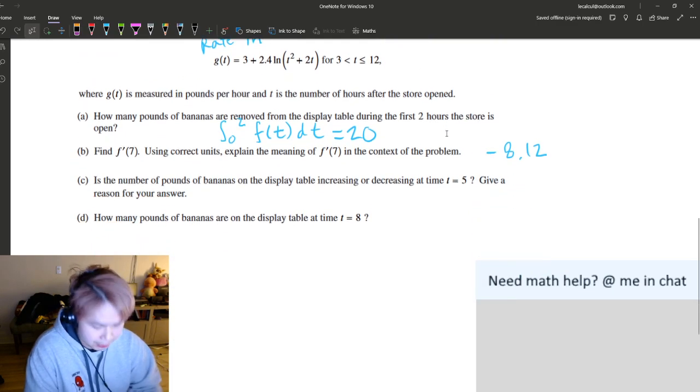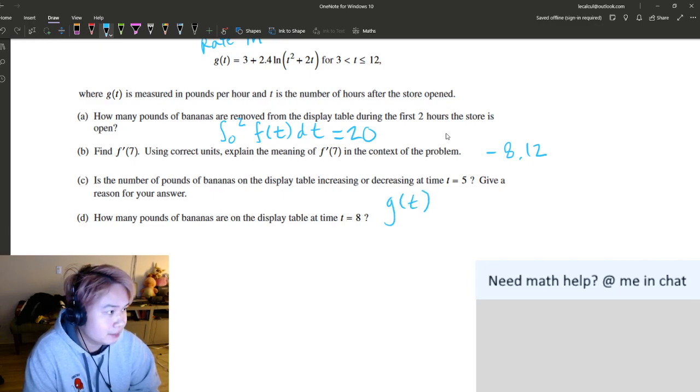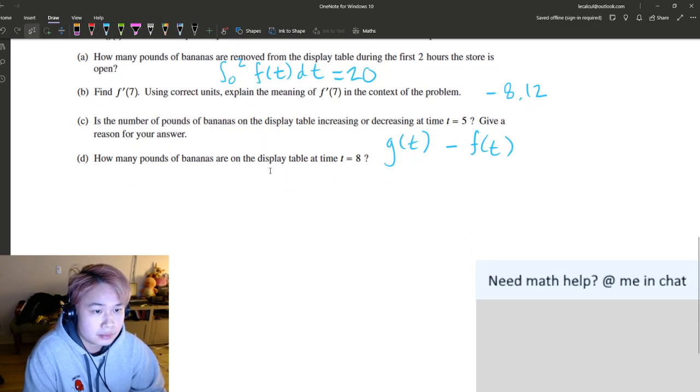Okay, so what we need to do is take the bananas going in, take away the bananas going out, and then we want to find out if this is increasing or decreasing. So I don't even know if this is proper notation, but take the derivative of this, at a t-value of 5.